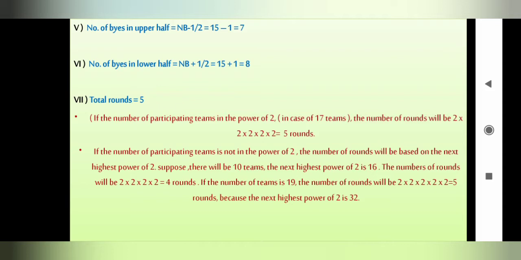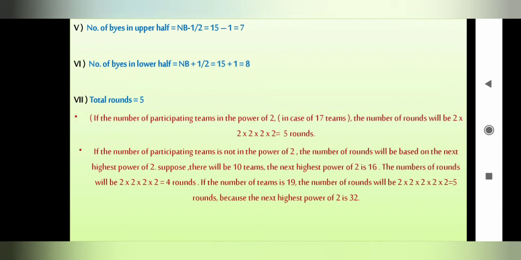The total number of byes we calculated is 15. So 15 minus 1 upon 2 is equal to 7.